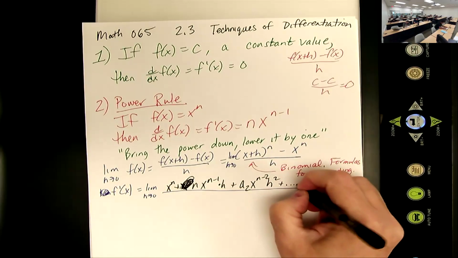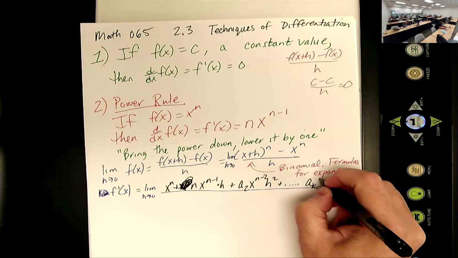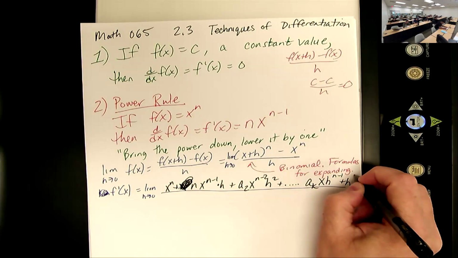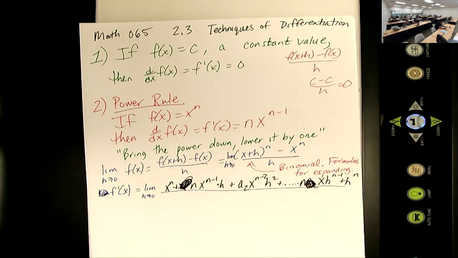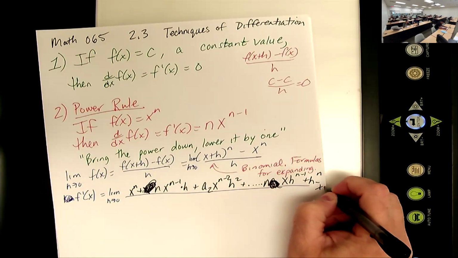And we go all the way down where we have a sub k x to the h to the n minus 1 plus h to the n. The two ones on the outside are just ones, and then minus x to the n.